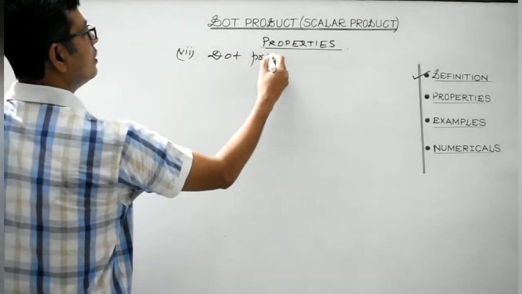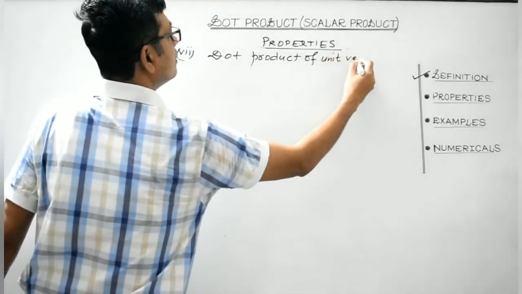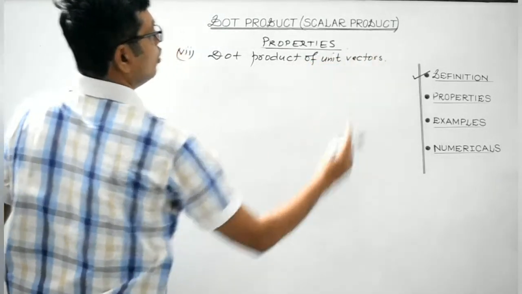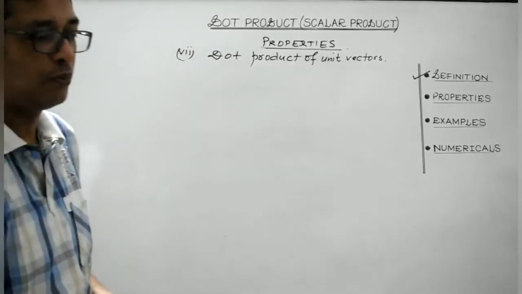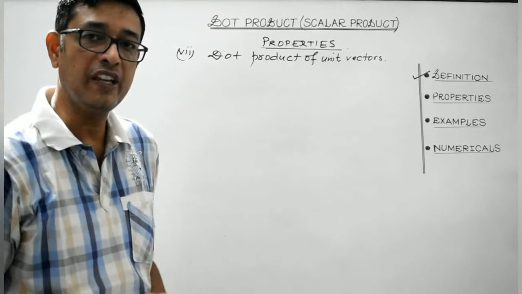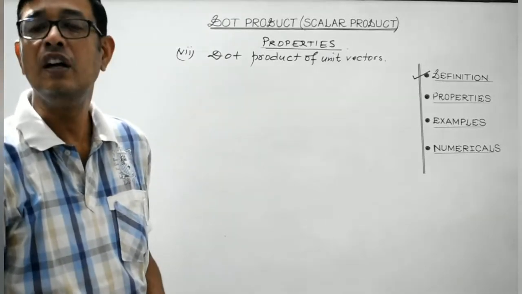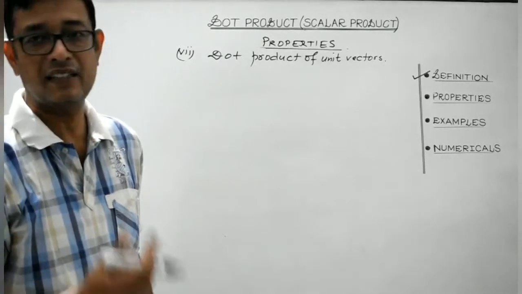Dot product of unit vectors. In the case of rectangular components, students, you are aware, we make use of i cap, j cap and k cap to represent the direction along x, y and z axis respectively.